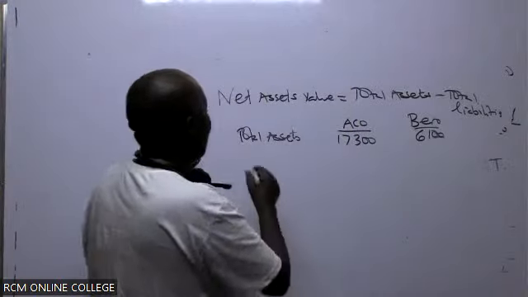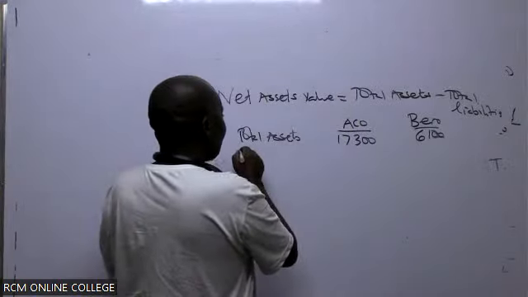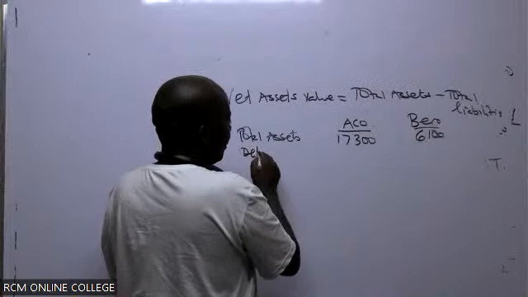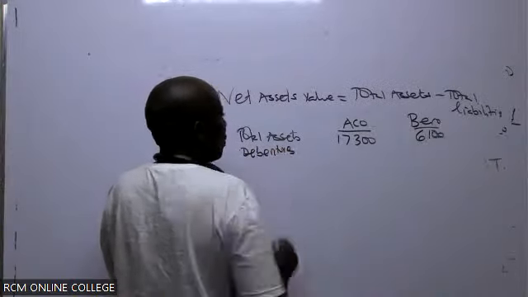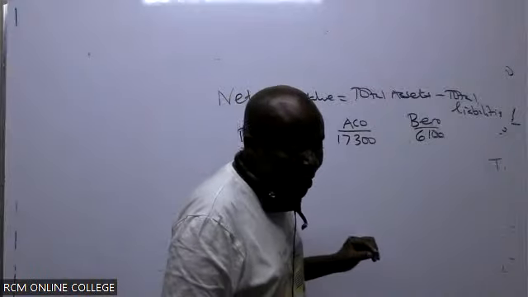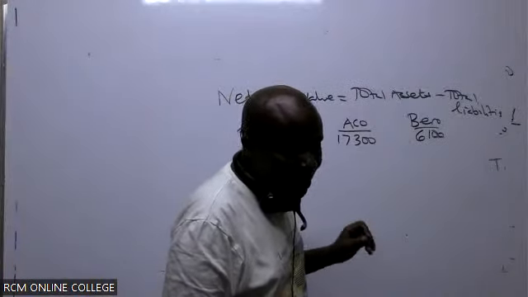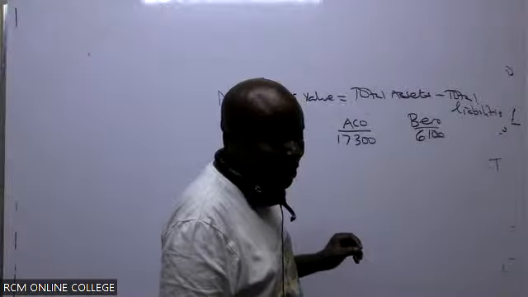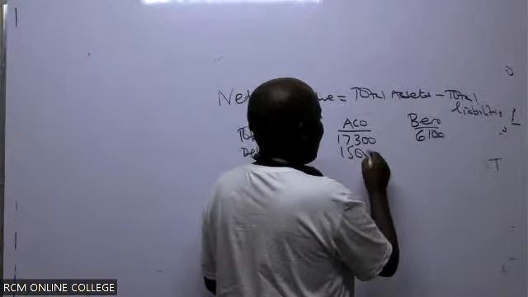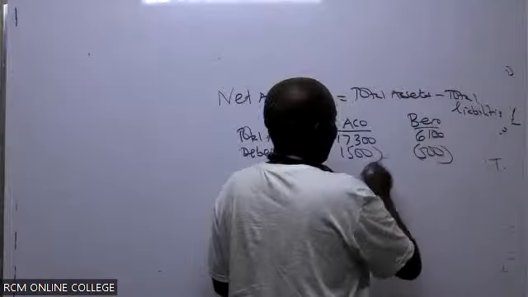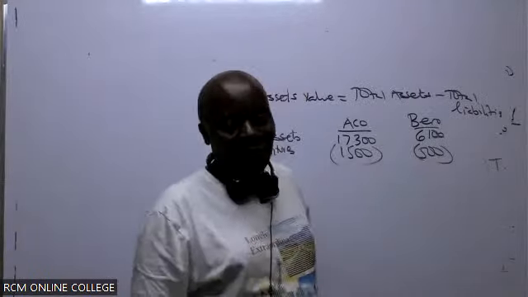Number one, they have what we call debentures. For ACO we can see 10% debentures, 1,500 and 500. Do they have any other liability, my friends, my colleagues?